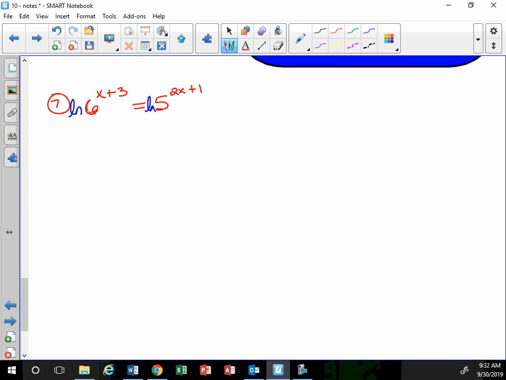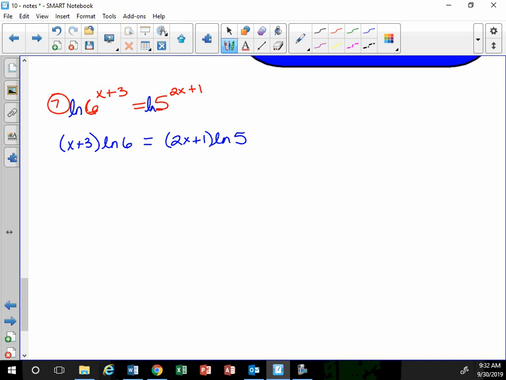So where does the exponent go? In front. Put it in parentheses. That entire x plus 3 is your exponent. And the whole thing, 2x plus 1, is your exponent. All right, I can then distribute.